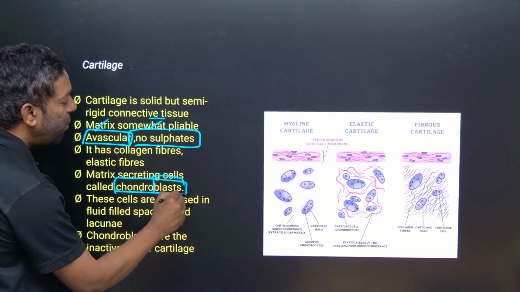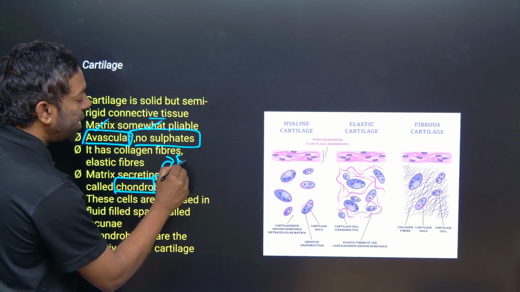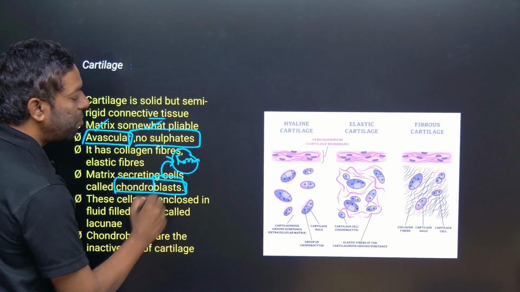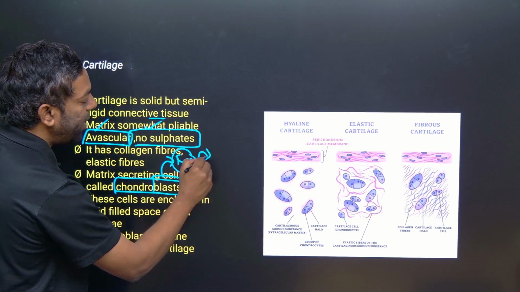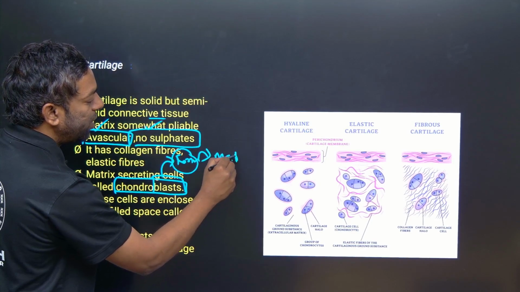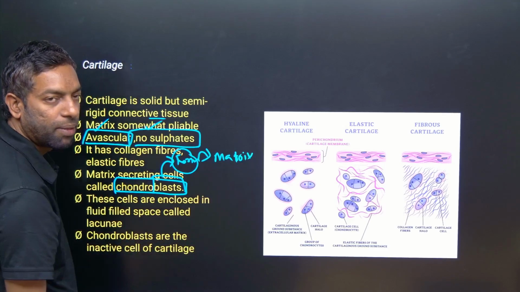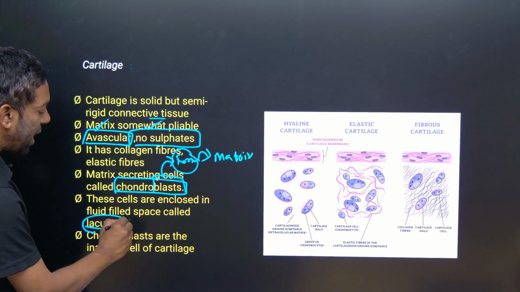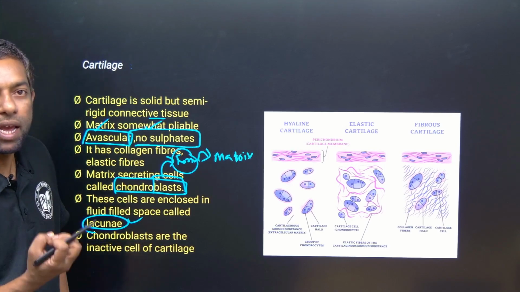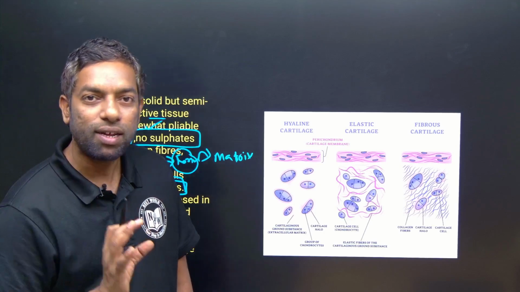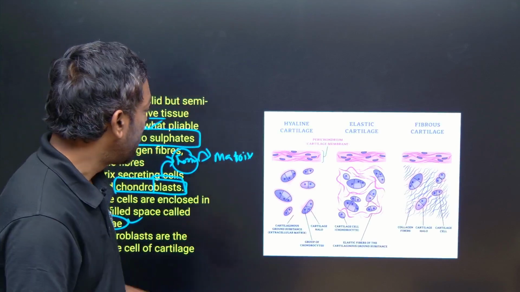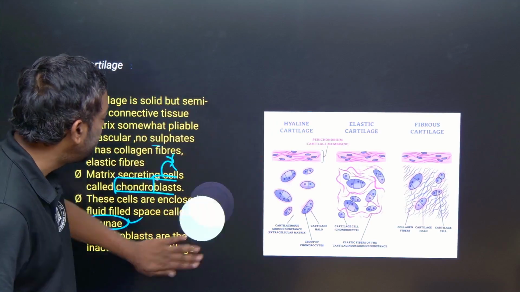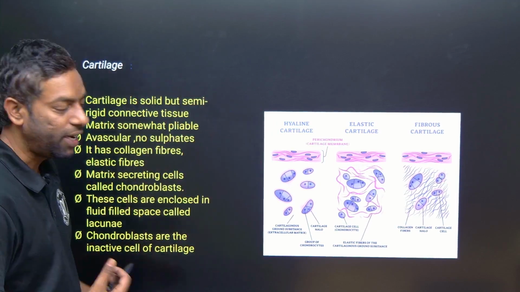Blast means to form something; here they form the matrix. The lacuna is the space providing room for the chondrocytes. We are going to discuss this cartilage in detail.